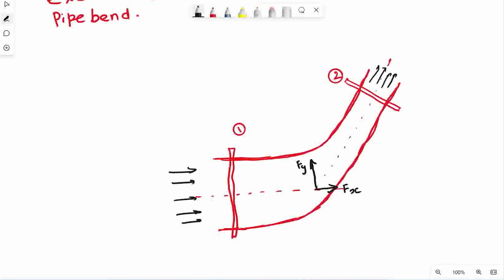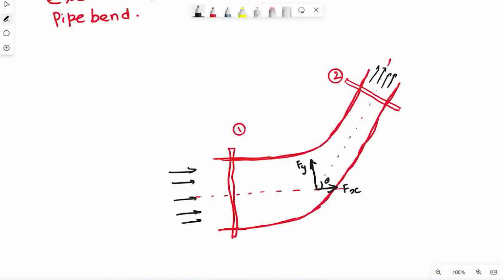So this is the force which we have to calculate: the force exerted by the fluid on the bend. That is what we call the force on the pipe bend, which is solved by using this impulse momentum equation.